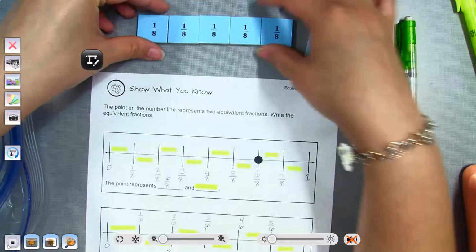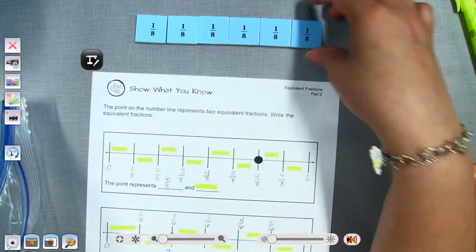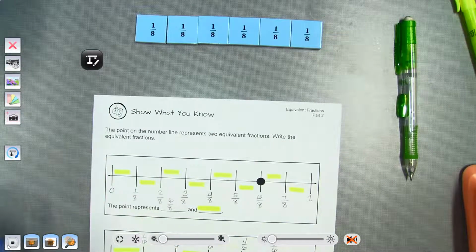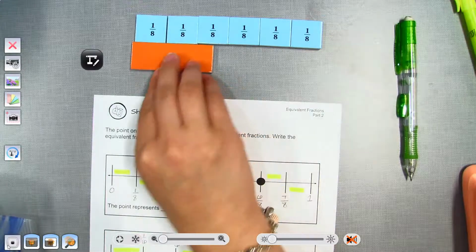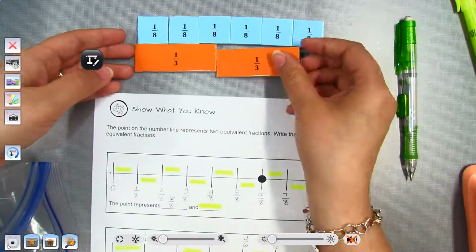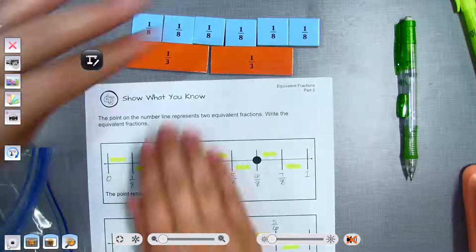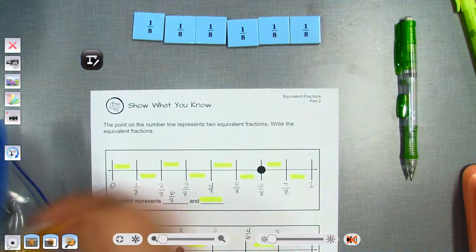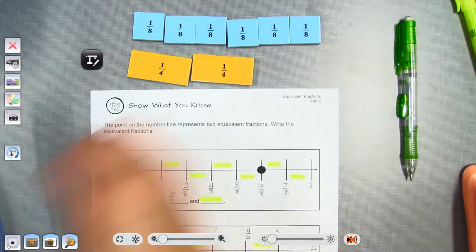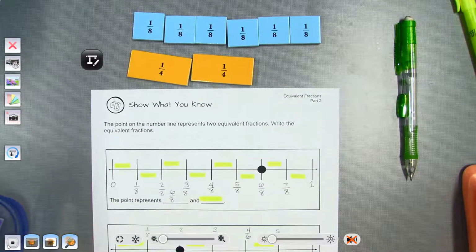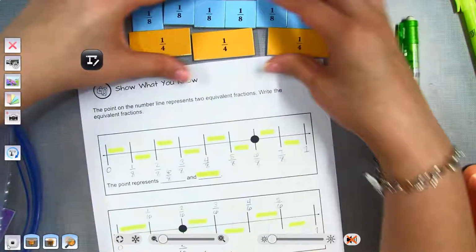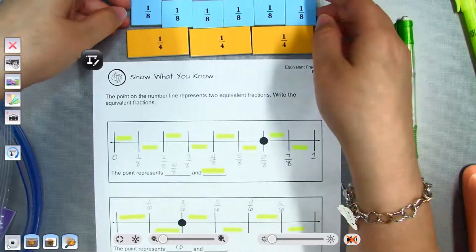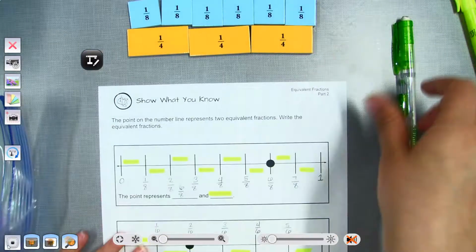So now I'm going to put some more fraction strips of different denominators to figure out what would be equal to 6/8. So if you notice, this one won't work. So let's try fourths. If you notice, 3/4 is equivalent to 6/8, and I know that because they match up.